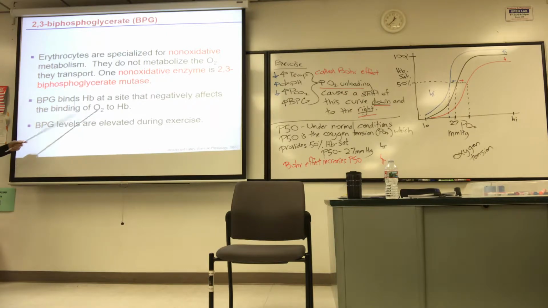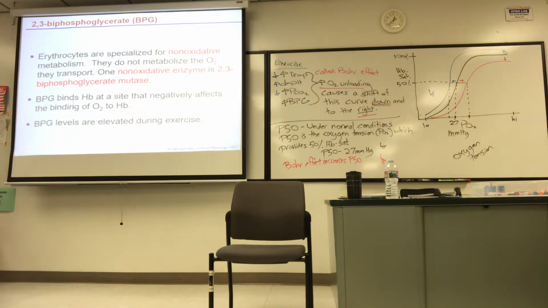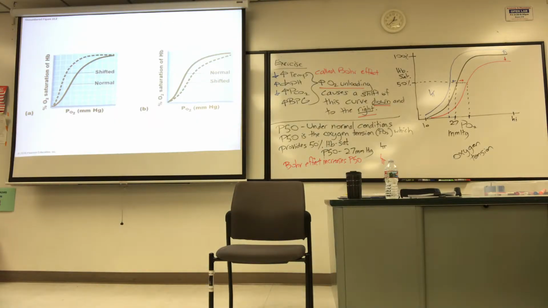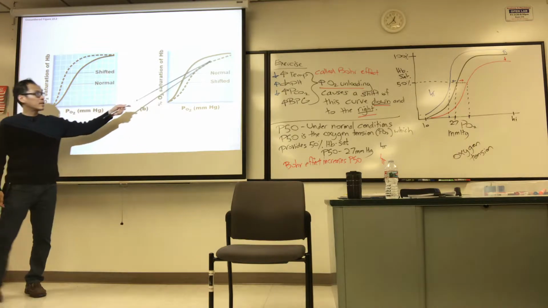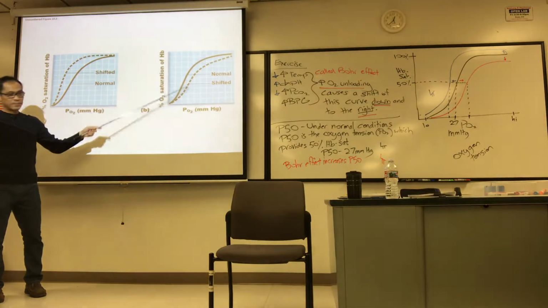That's the poisoning part. But BPG has that same effect. So basically what I said was for the Bohr effect, which is the shift, A or B for Bohr. B, shifted this way, a little bit down and to the right.